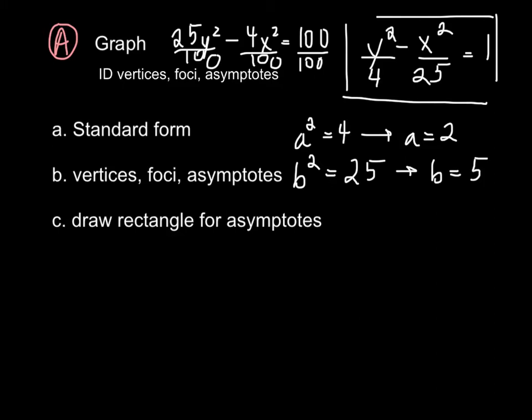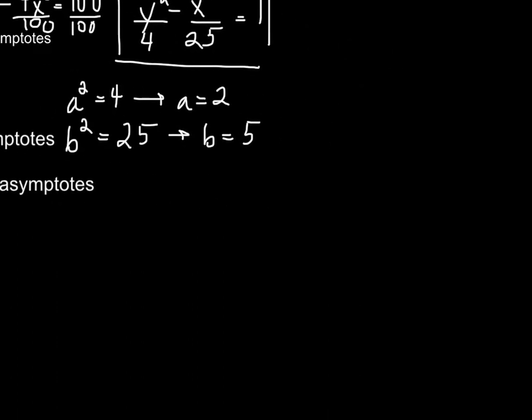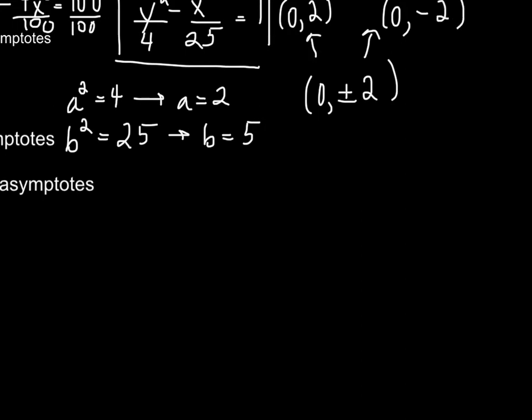Since our y term is the positive one in our equation, we are going to have a vertical transverse axis. Our a and b values tell us that our vertices will be at 0, plus or minus 2, which just means 0, 2 and 0, negative 2. It's just easier to write with plus or minus.